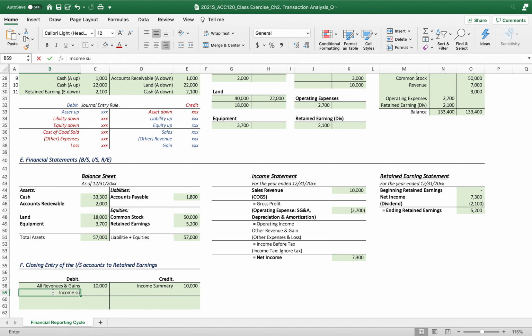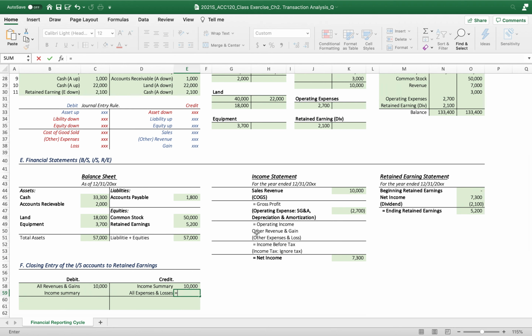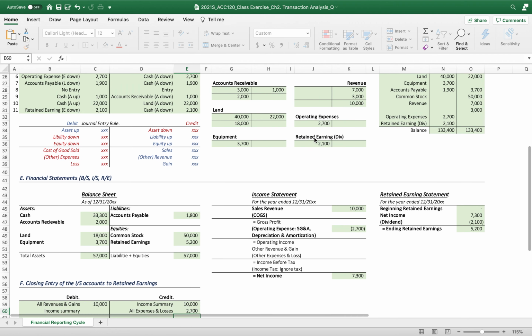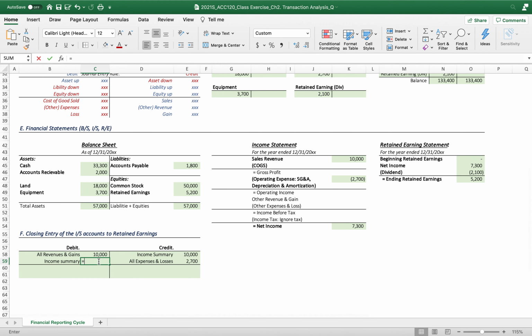Here, income summary on the debit side means that we want to remove all the expenses and losses, right? How much was that? Right, there you go. On the income statement, we only have two accounts. 2,700, so this income summary is 2,700. And then we will get this retained earnings.